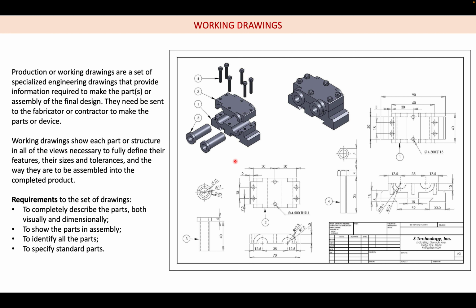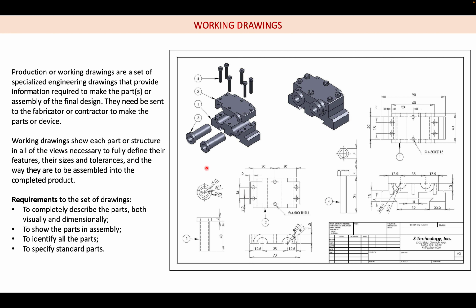So we have a part which is made up of many other parts, assembled together, and we have to produce a working drawing. What are the requirements of the working drawing? We have to completely describe the parts, both visually and dimensionally. For example, the bolt is described here as number 4.